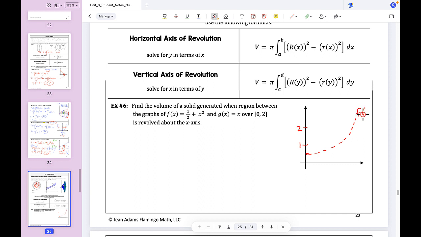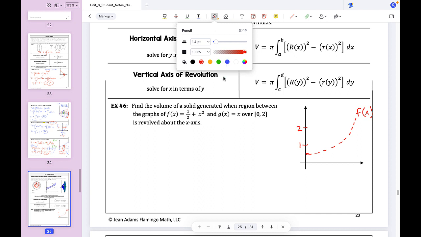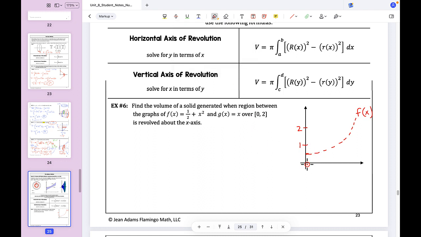So this is our f of x, and then g of x is going to be the line y equals x. I think my graph is probably a little bit too inaccurate. Let me get a more accurate graph, okay? So let's do g of x. We get 0, 0, 1, 1, 2, 2. So here's my g of x graph.